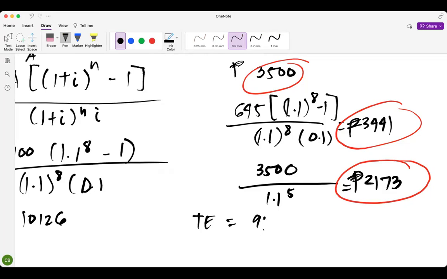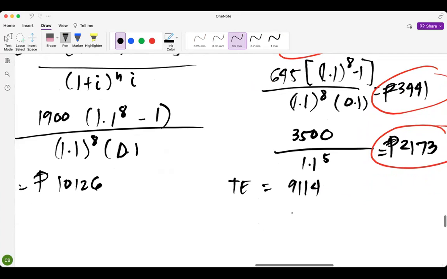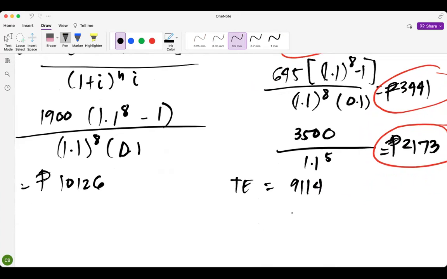Total expense 9,114. So we have the profit of 10,126, so that would be 1,012 for plan A.